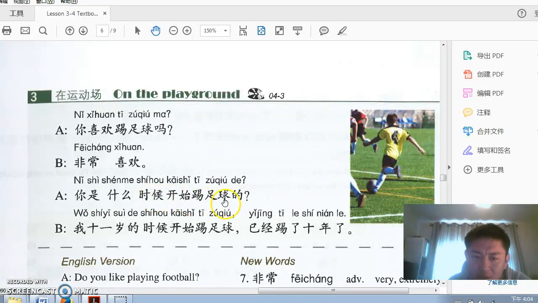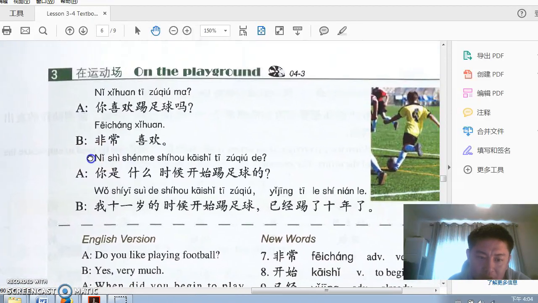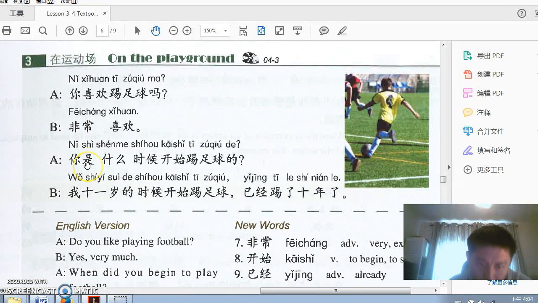What kind of you? It's what time start playing football kind of you. So this sentence really is: it is what time that you started to play football, if that makes sense. This sentence is a little bit harder than the previous ones, the 是 and the structure. Right now we will talk about it a little bit more if you still don't understand.